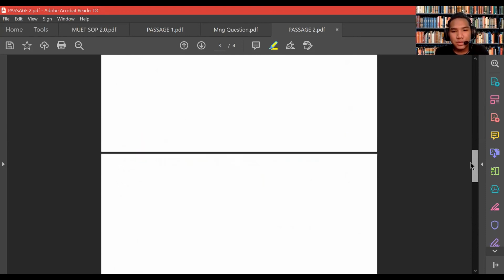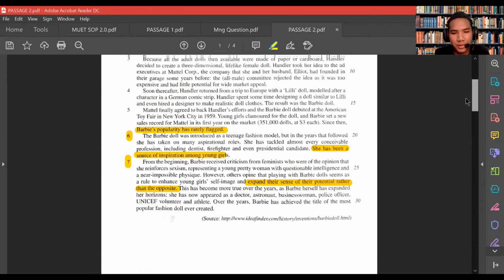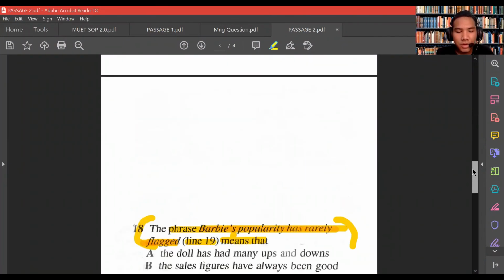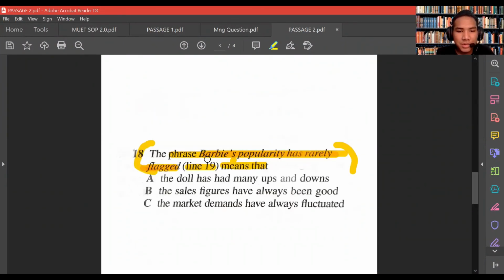As we look through the phrase in the passage, we can see that the young girls clamored for the doll, and Barbie set a new sales record for Mattel in its first year on the market, which is $351,000 at $3 each. Since then, Barbie's popularity has rarely flagged. What we can know from the phrase is that we can relate it to the sales figures having always been good.